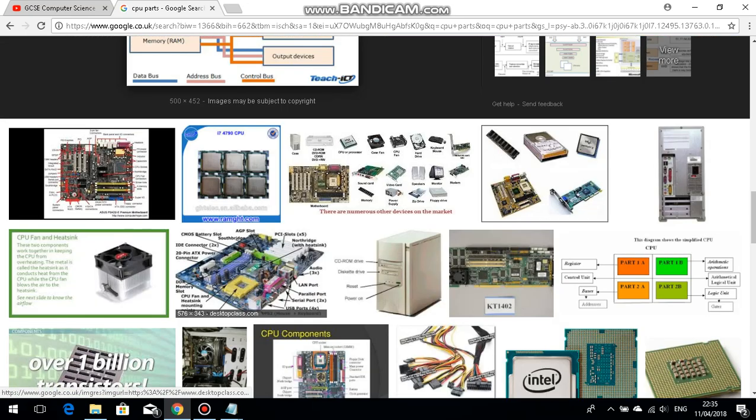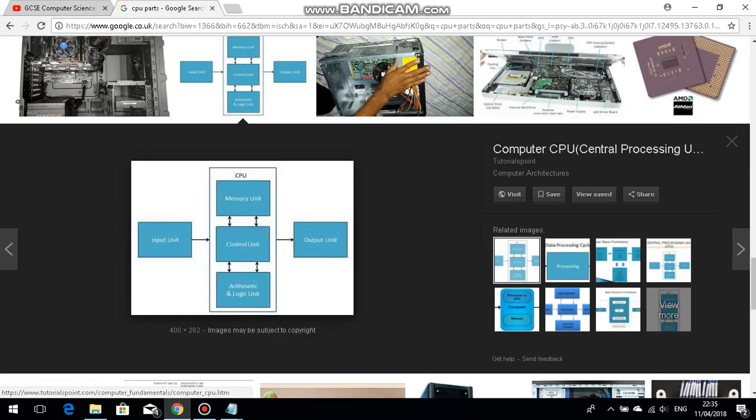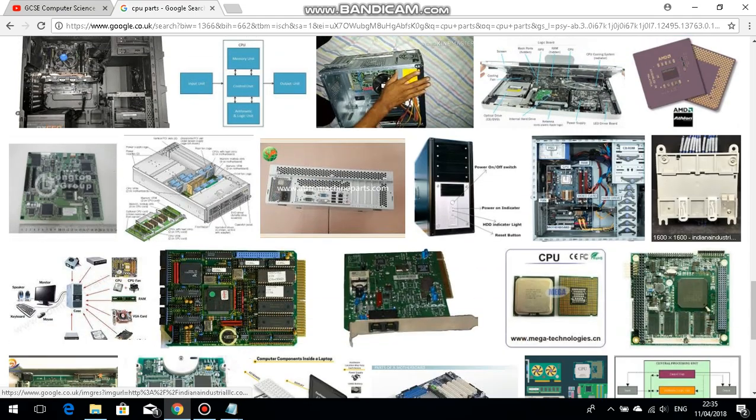I think there's not many good examples, but this is a very good example, very simple and good to understand. So input, and then the stuff will move around between these three units and then get to the output. As I explained earlier, it goes from the ALU to the memory, and then memory to the hard disk, and in between them it works, and the control unit there for the outputs.